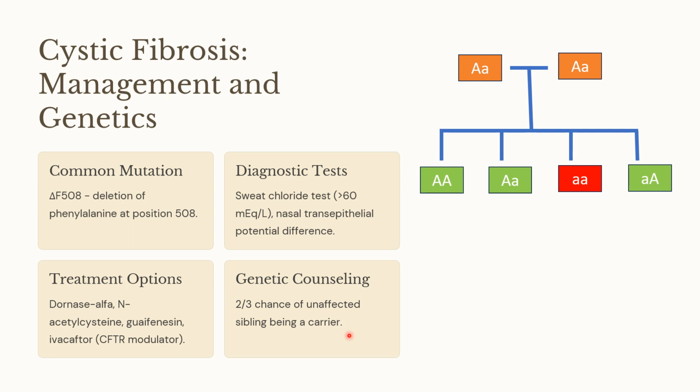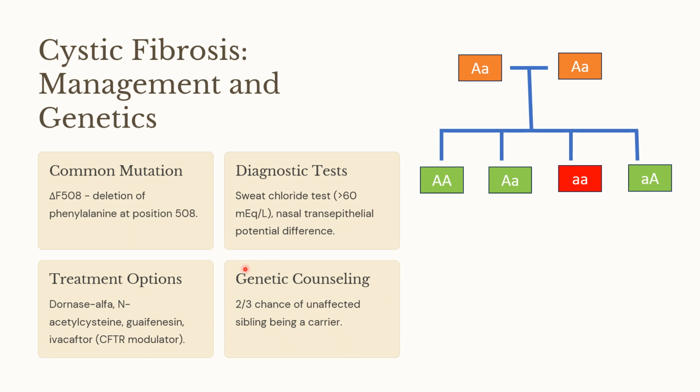The child is not affected by cystic fibrosis. Phenotypically he is normal. So he can have either a normal genotype or he can have a carrier genotype. Now the question will be, what is the chance of that unaffected sibling, who looks unaffected, being a carrier?